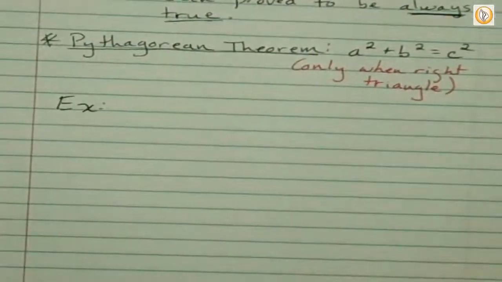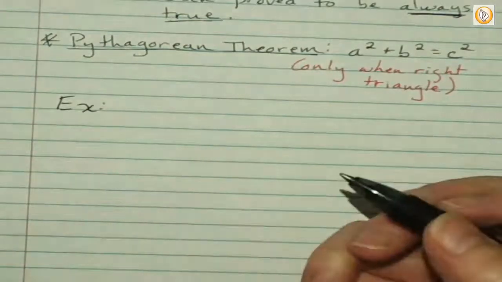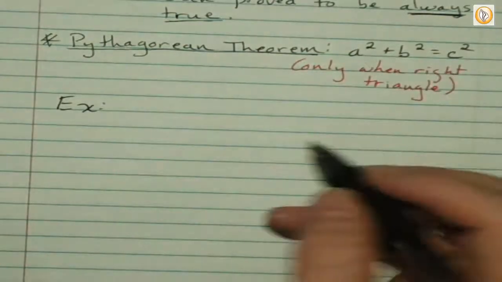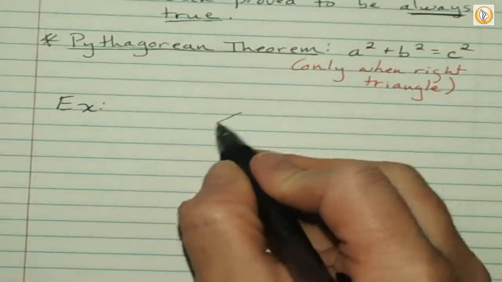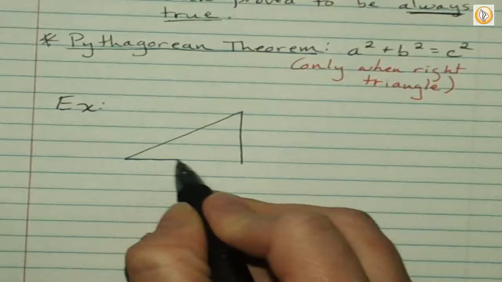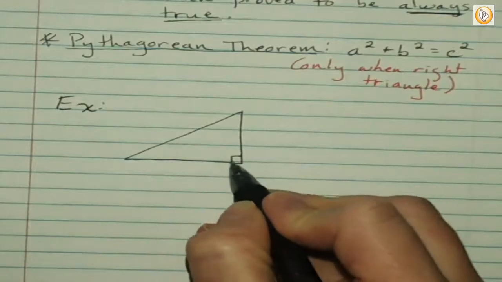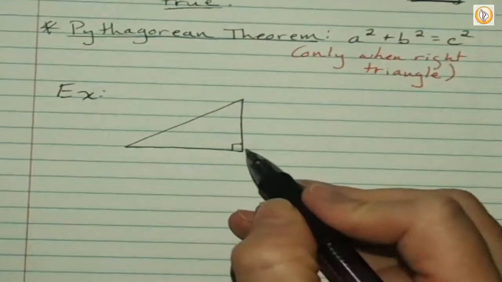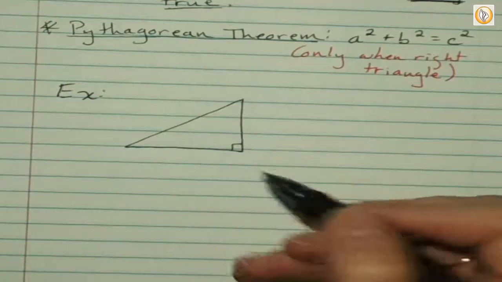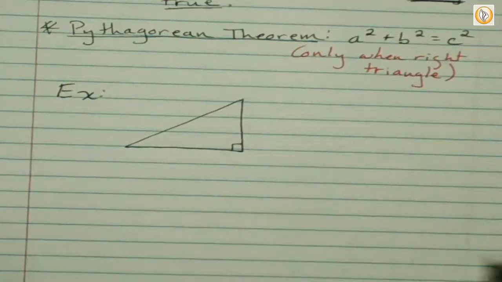Okay, so one thing that you need to know is what A, B, and C represent. Here's my right triangle, and that little square, if you remember, means 90 degrees, and that means that this is a 90 degree or right triangle.